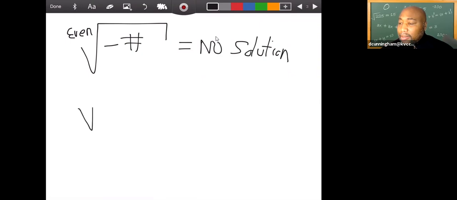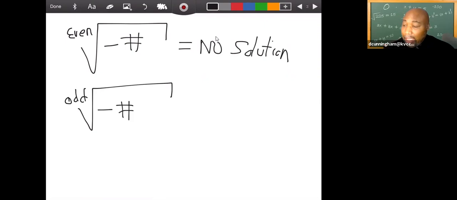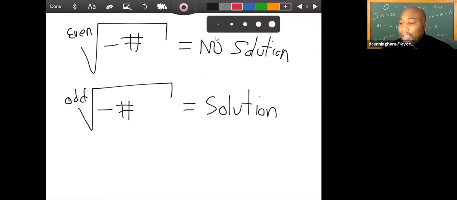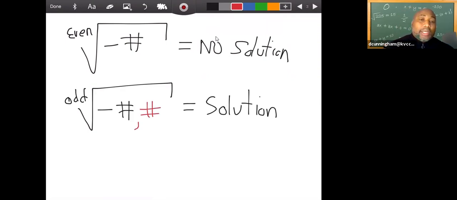If your index is an odd number like 3, like we did before, or 5 or 7, and you had a negative number, you can have a solution. In fact, with the odd index, you can have negative and positive numbers. With the even index, you can only have positive numbers inside the radical.